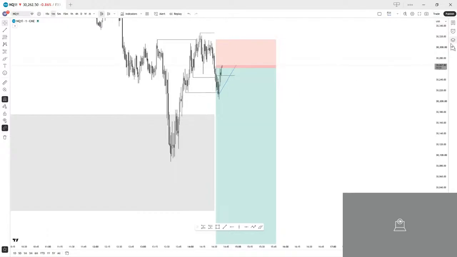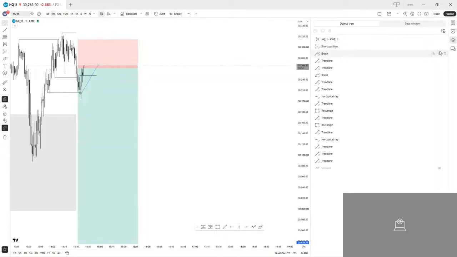Price is currently running into my stop loss, but it's not bad at all.